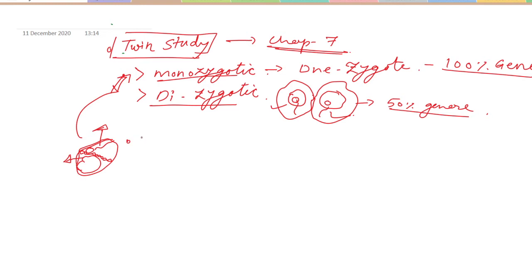If monozygotic twins show more similarity on a given trait compared to dizygotic twins, this provides evidence that genes significantly influence the trait.